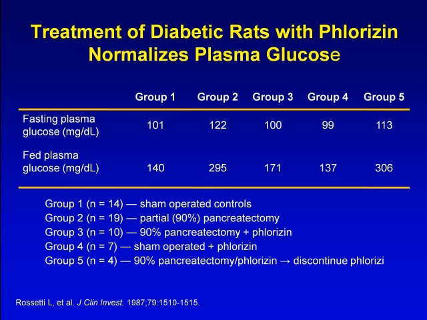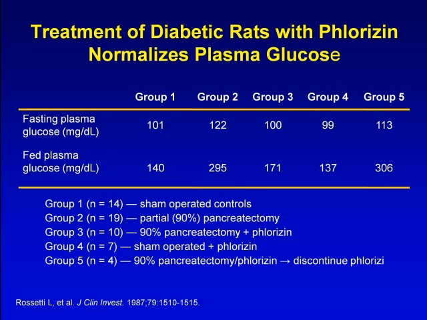We're going to go through some of that. In this slide, we see that rats were treated with Phlorizin. In this experiment, 90% of the pancreas was taken out of some rats to induce diabetes, and they were either given Phlorizin or not. Group 1 is the rats that were given a sham operation, but their pancreas is still intact.